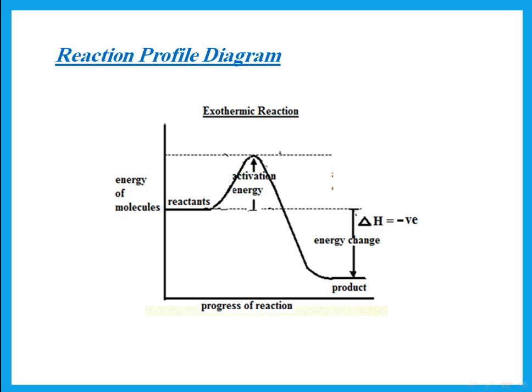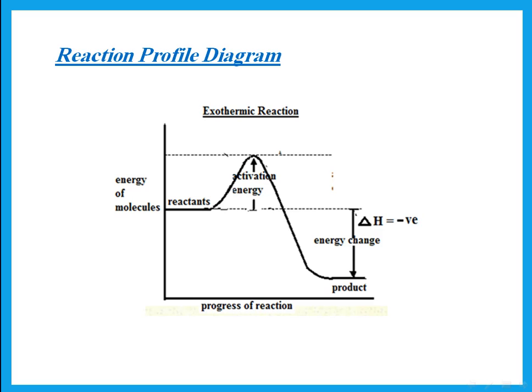Now, to go from reactants to products, we have to go through something called an activation energy. The activation energy is the minimum amount of energy needed to start a reaction. So if I have reactants, I need to give them some amount of energy, a little push, in order to react.